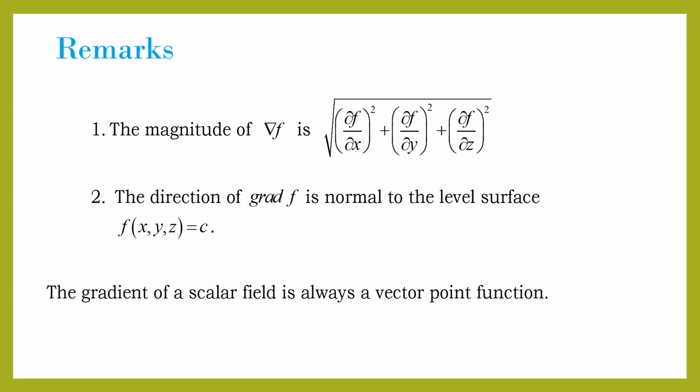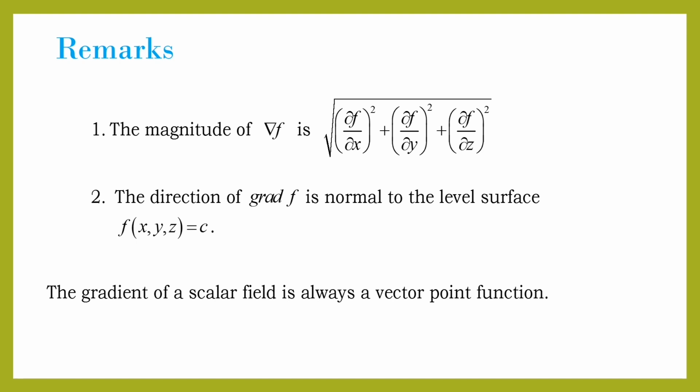Now, what is the magnitude of this del f? The magnitude of del f can be interpreted in two ways. But let us restrict ourselves to this formula only. The magnitude of del f is given by the formula norm del f equals square root of (∂f/∂x)² plus (∂f/∂y)² plus (∂f/∂z)².